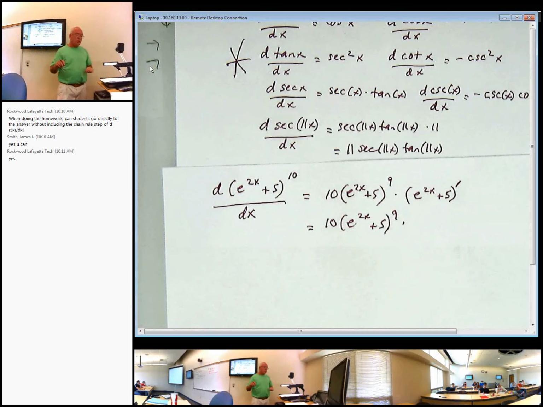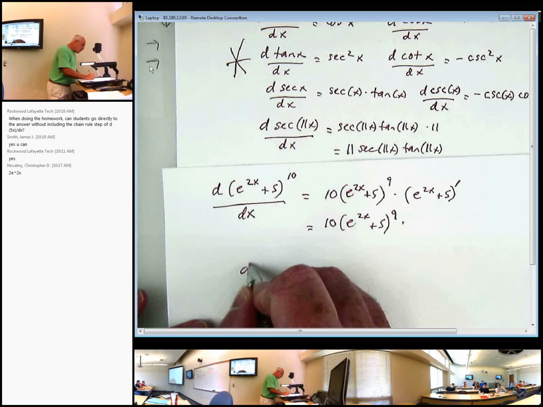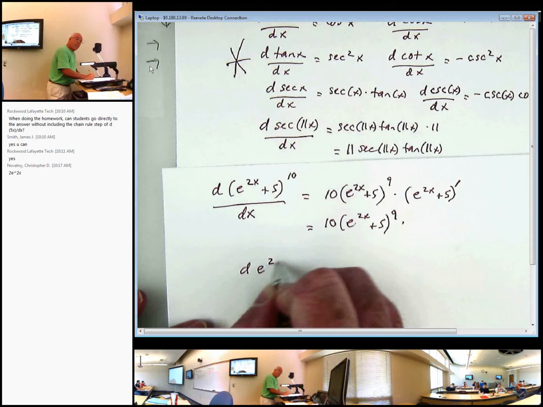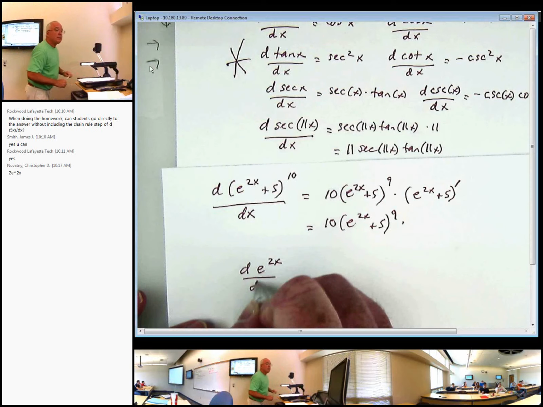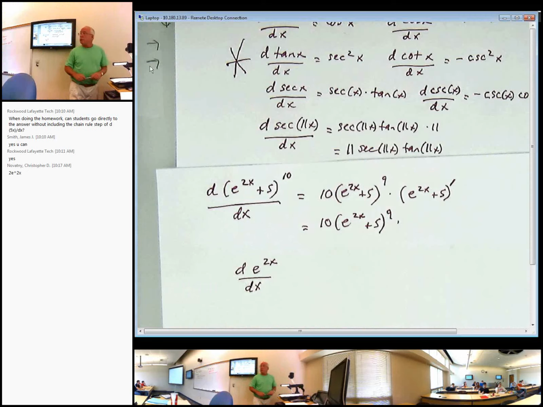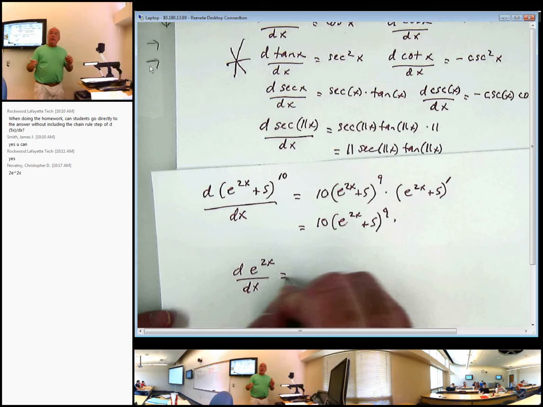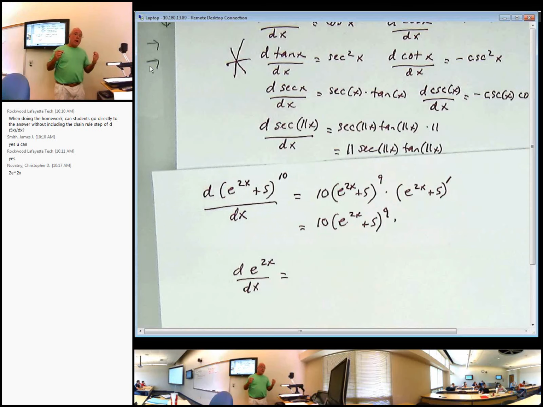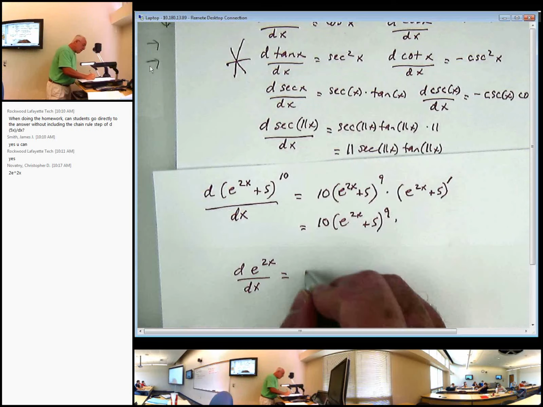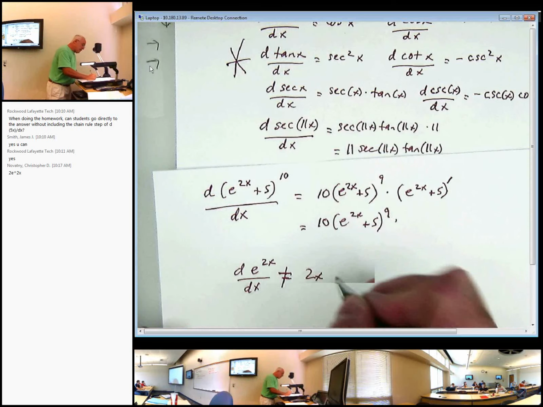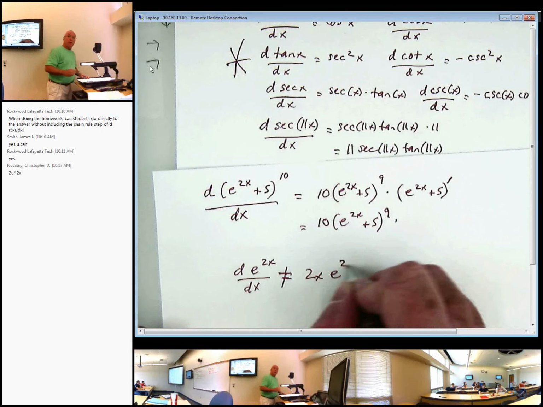Okay, isn't it 2x? Oh, no. Okay, let's just look at this. Yeah, that's correct there on the screen. What's on the screen here is 2e to the 2x. That's the correct answer here. I'm glad you brought this up. In this case, I do not bring down the 2x. This does not equal 2x times e to the 2x minus 1.